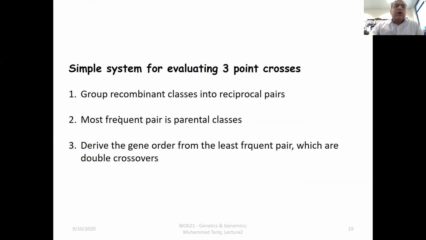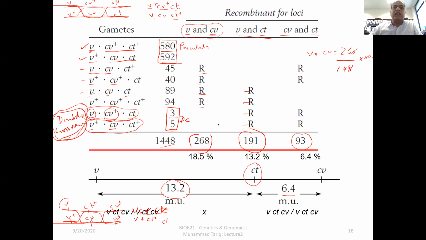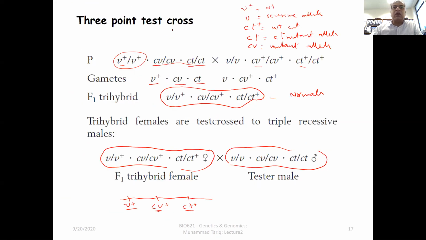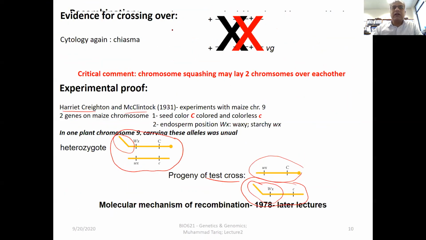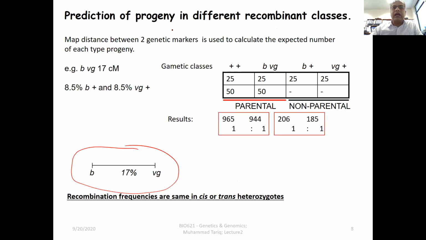Always, we know recombination is reciprocal, so you have to group the recombinant classes into reciprocal pairs. The most frequent pairs are parentals. We saw this, and we also saw even in these examples that the most frequent numbers are parentals.